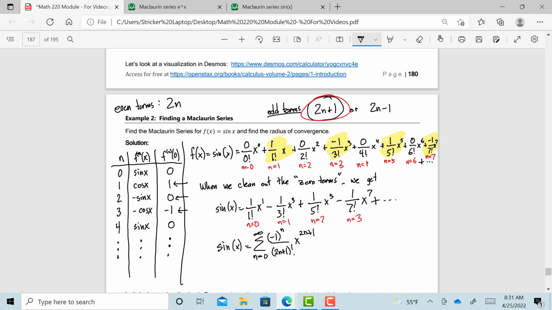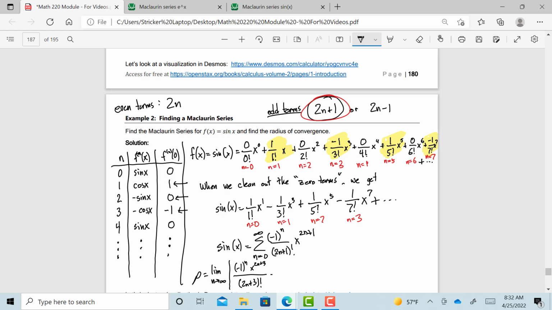And of course, we do need to find the radius of convergence. So we can again use our ratio test for this one. So we have rho equals the limit as n approaches infinity. And we have negative 1 to the n plus 1 times x to the 2 times n plus 1 plus 1, which is going to be 2n plus 2 plus 1, or 2n plus 3, which is also going to make this on the bottom 2n plus 3 factorial, right?